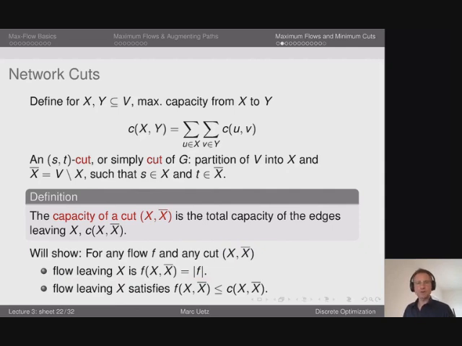Because that flow has to go somewhere. It has to cross the cut, and therefore the flow value from X to the complement of X must be equal to the value of the overall flow. And the value of the flow from X to X bar is actually upper bounded by the capacity of the cut. It can never be larger. Both should be intuitively clear.